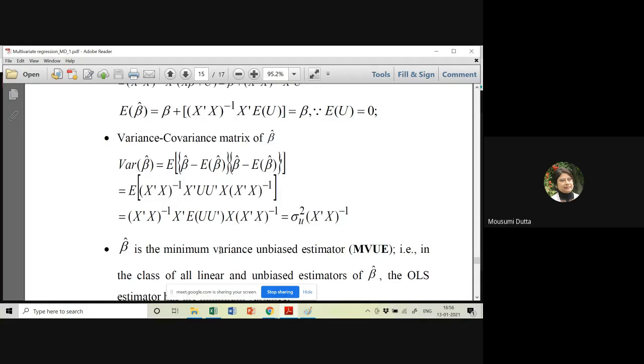We need to take any other estimator, consider its variance, compare it with this variance, and conclude that this variance is lesser than that of the other one. However, the entire analysis in terms of matrix algebra is a bit complicated, so for this year I am not considering that exercise in the class.